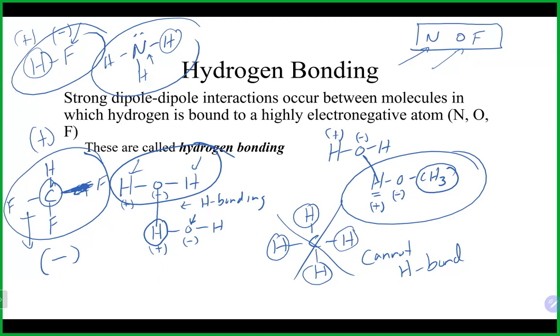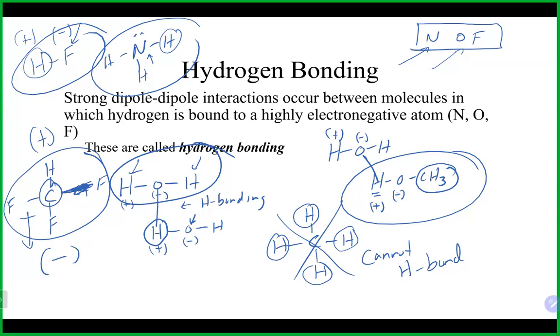Even though hydrogen bonding is a class of dipole-dipole, it is almost like its own intermolecular force. It's really the same thing happening, but it's a special class of it. Hydrogen bonding is actually stronger. They're close, but hydrogen bonding is stronger.